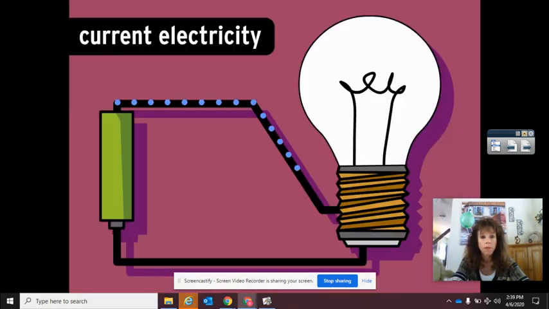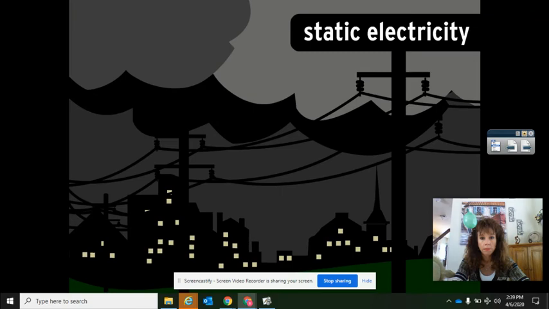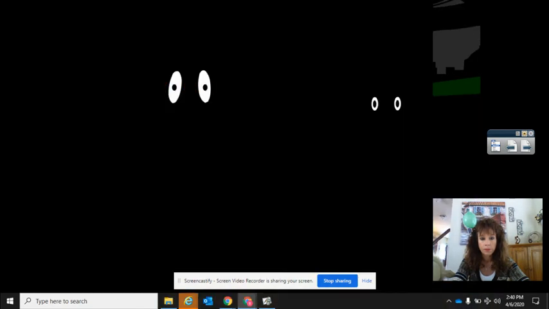In current electricity, the kind we use for power, there's a steady flow of electrons along a circuit. In static electricity, like lightning and those pesky doorknob shocks, there's usually a single sudden transfer of electrons from one place to another. In order for that transfer to happen, you have to have a buildup of electrons on a surface. Hey, what are you doing?